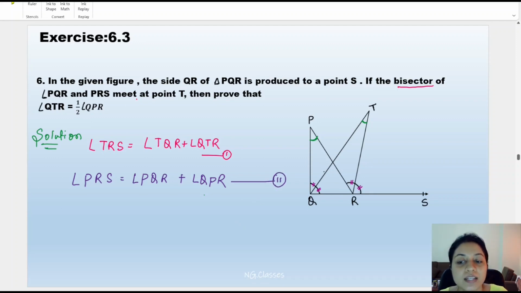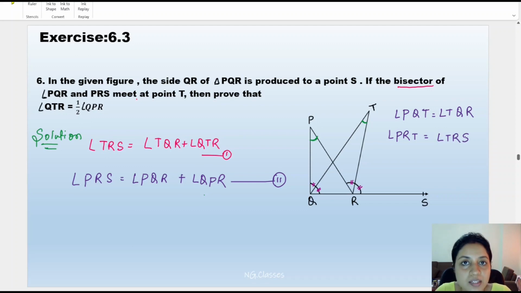Now we know that here QT or TQ acts as a bisector of angle PQR. So we know that angle PQT is equals to angle TQR, and also angle PRS is getting bisected. So we can also write angle PRT is equals to angle TRS, right? Now at the place of angle PRS in equation number 2, let's focus on PRS.